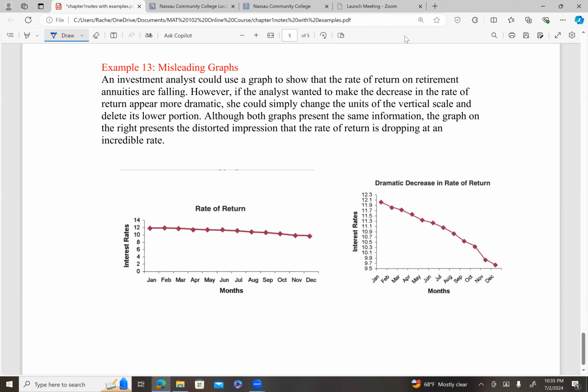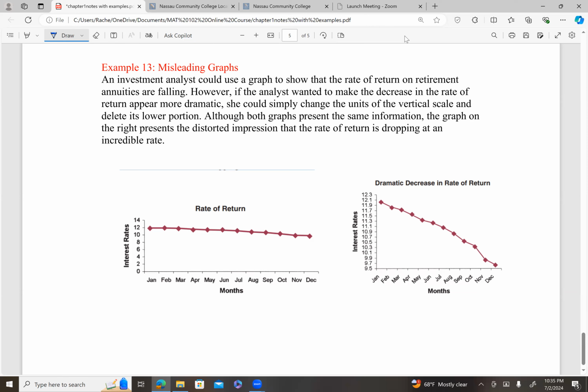But look at the difference on the graph on the right. Months is still the same for the horizontal axis, but look at the vertical axis. Instead of counting by 2s, the graph starts at 9.5%, and then it goes in 0.2s, up to 9.7, 9.9, 10.1. So there's a much smaller gap between the numbers on the scale.